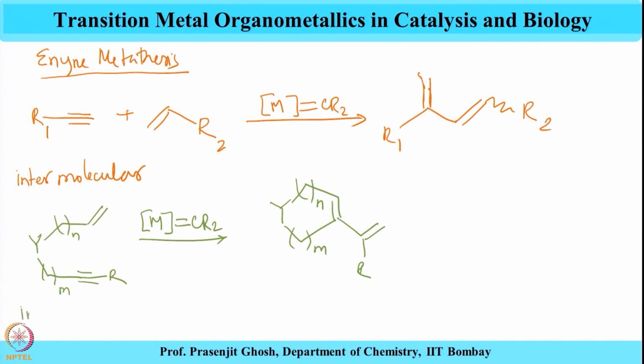So, this is an example of intramolecular enyne metathesis, but in this case as there is a ring closing occurring in place, this mechanism is also popularly called ring closing enyne metathesis.